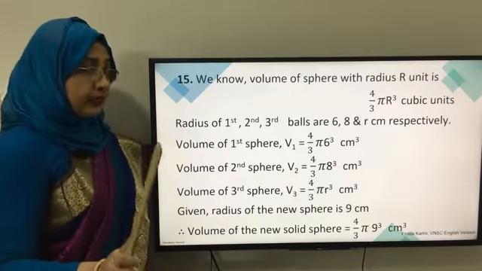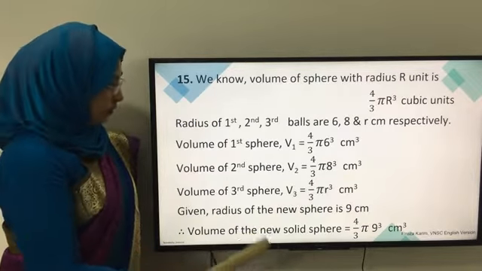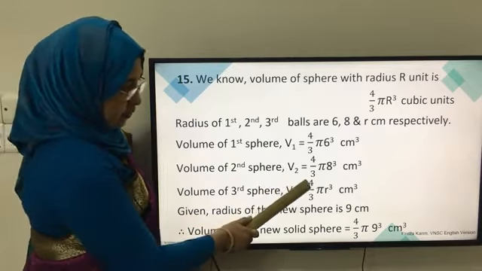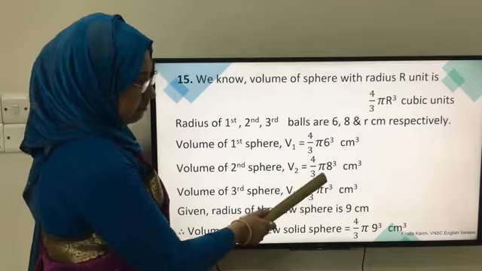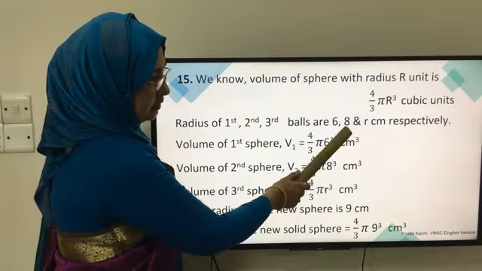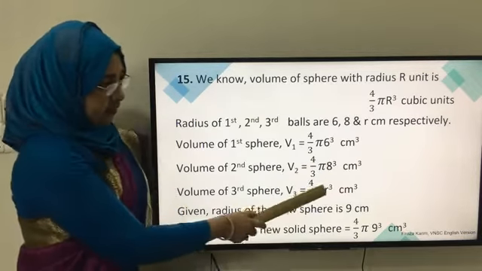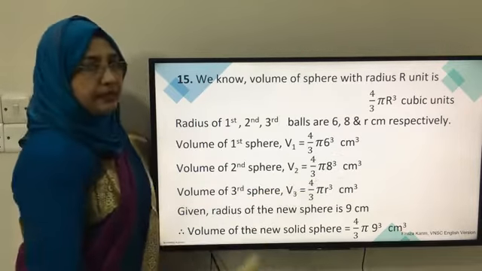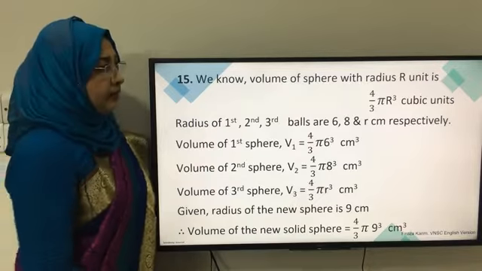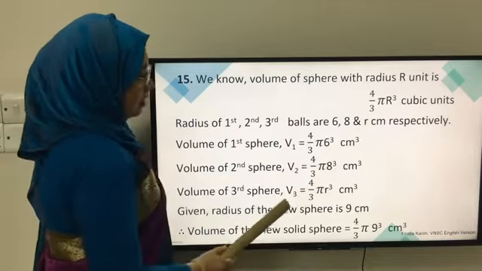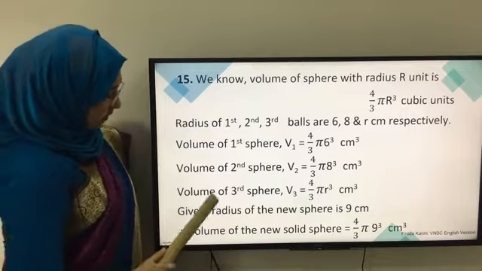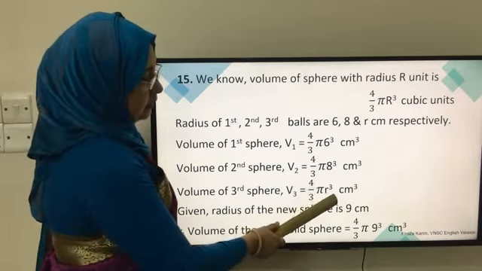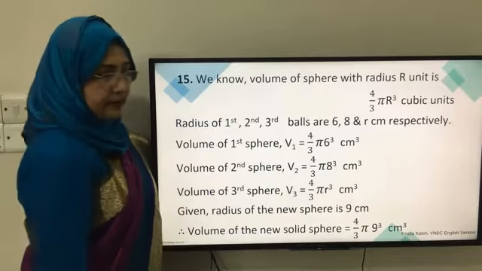You don't need to calculate, just keep it in this form. Then volume of the second sphere V2 equals 4 by 3 pi 8 cubed cubic centimeter. And the radius of the third ball is small r, so we write volume of the third sphere V3 is 4 by 3 pi r cubed cubic centimeter.